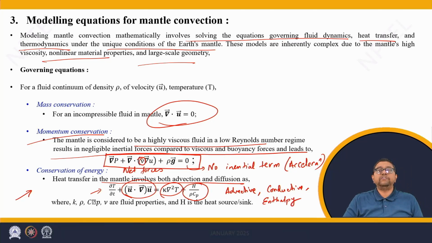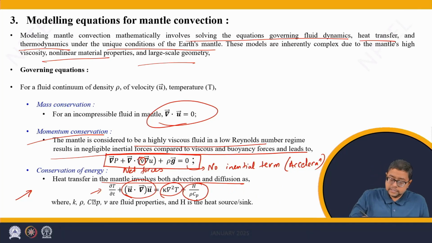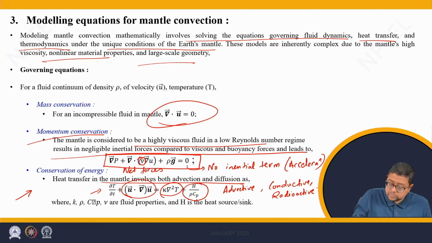These are the advective, conductive, and enthalpy related heat generation and heat transfer processes. These three terms can be written as the advective, conductive, and the radioactive processes of heat transfer.